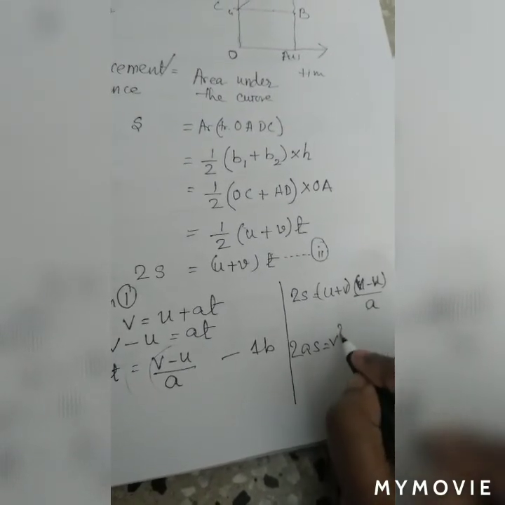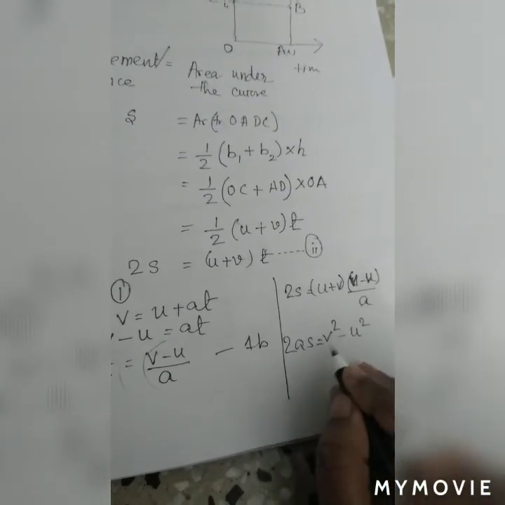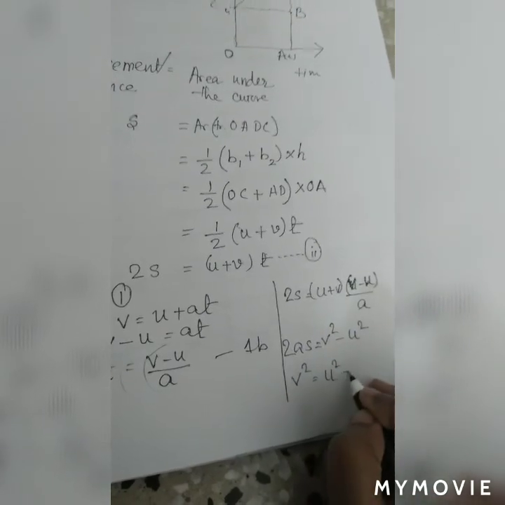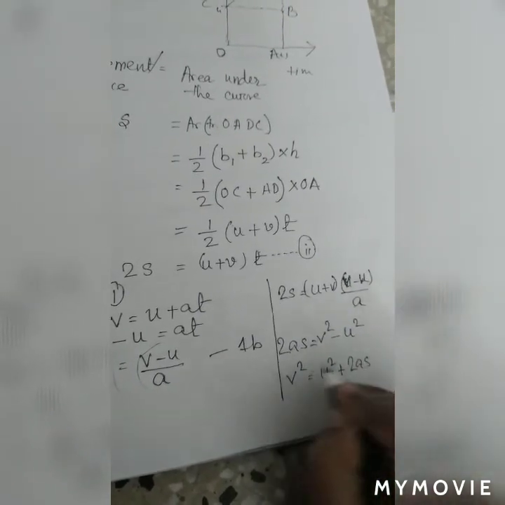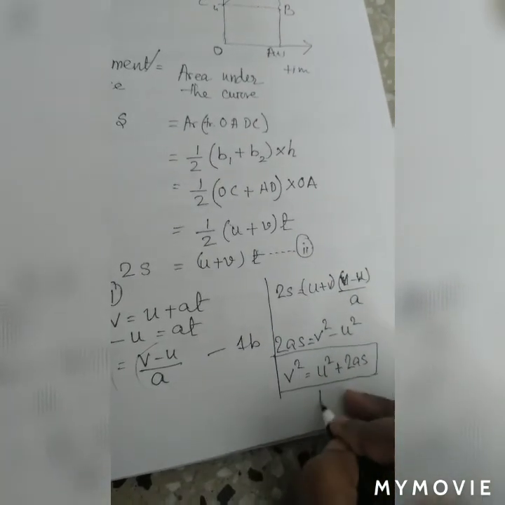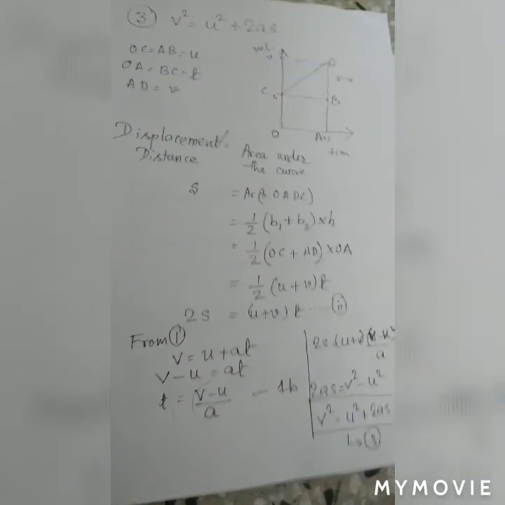So V square minus U square. From here I will bring the U square to the other side. V square is equal to U square plus 2AS. This is the third formula, and thus we have derived all the three formulas.